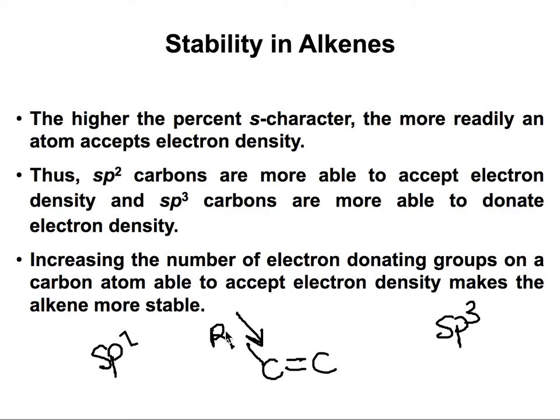So whenever you have anything that is different from a hydrogen, like an R, when you have electron donating groups, they will be donating to the sp2 hybridized carbon. So that sp2 hybridized carbon can accept electron density. When you have an sp3 hybridized carbon, it cannot accept electron density so well. So that's why the more substituted your alkene is, the more stable it will be.